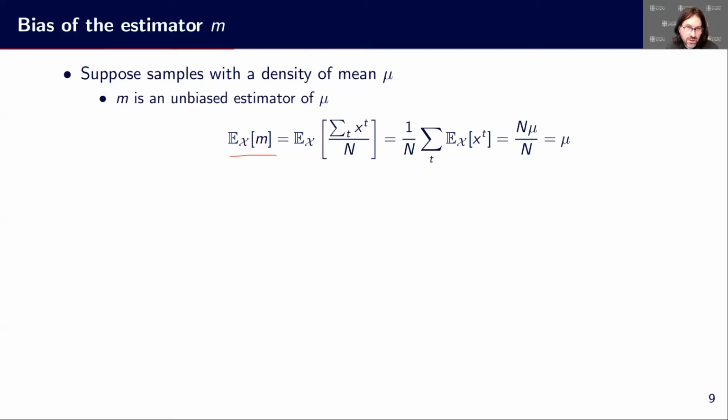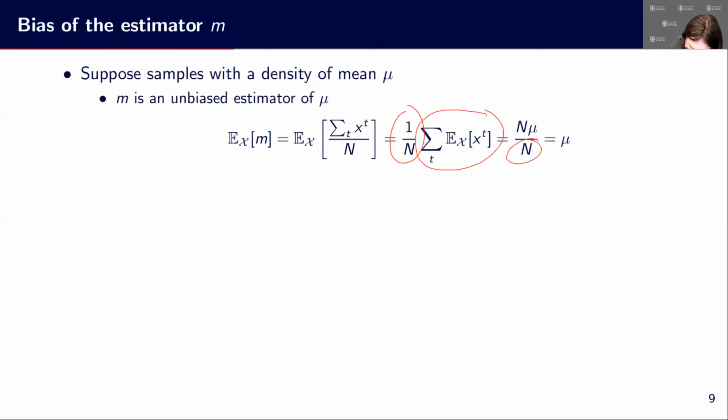So for this estimator of mu in a normal Gaussian distribution, we can take the 1 over n out. So we have the summation for all t's of the expectation of xt. Given that the xt's are IID, they are independent, we can assume that we are summing the same thing n times.